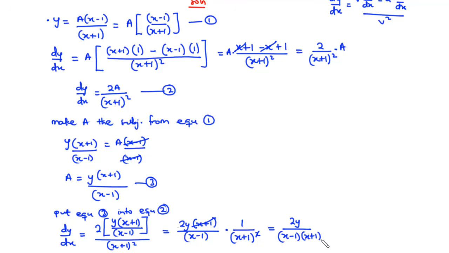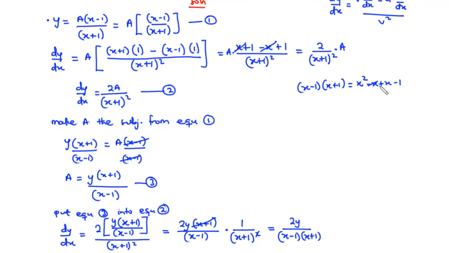(x plus 1). Now (x minus 1)(x plus 1) can be simplified as, you multiply x by x, you have x squared, negative 1 times x is negative x, x times 1 is x, negative 1 times 1 is negative 1.